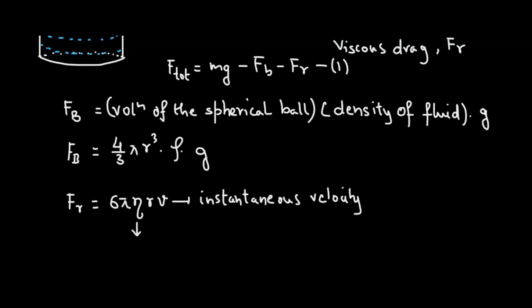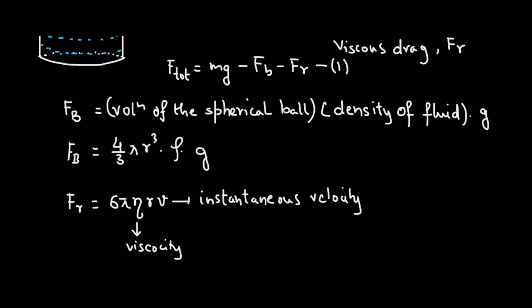Eta is the viscosity of the liquid. Actually, in this problem, this is what we need to find out, the viscosity of the given liquid. And this equation, Fr equals 6 pi eta r v, comes from Stokes' law.